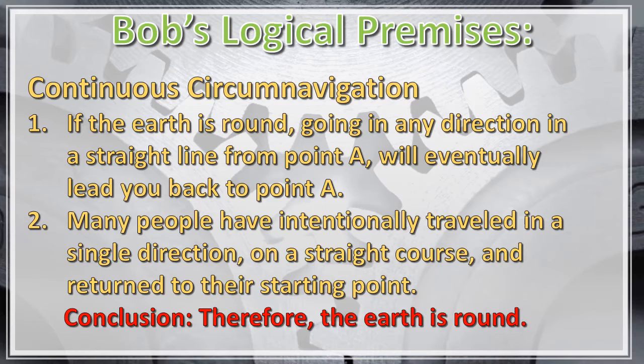Let's unpack them to see if this is a valid and logical argument and practice critical thinking. First, if the earth is round, going in any direction in a straight line from point A will eventually lead you right back to point A. Second, many people have intentionally traveled in a single direction on a straight course and returned to their starting point. Conclusion, therefore, the earth is round.